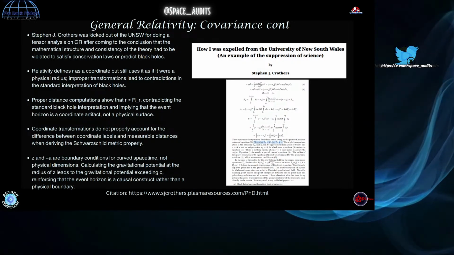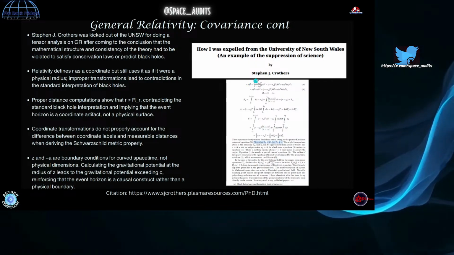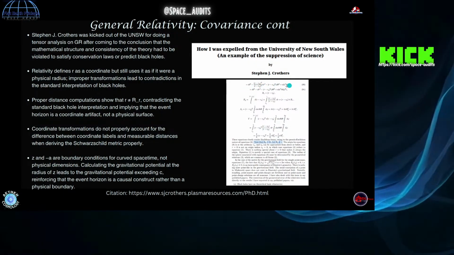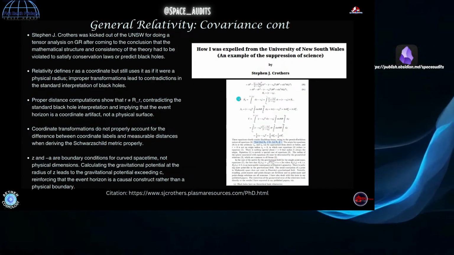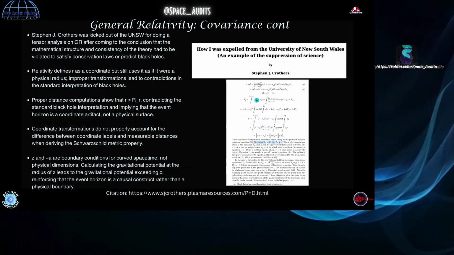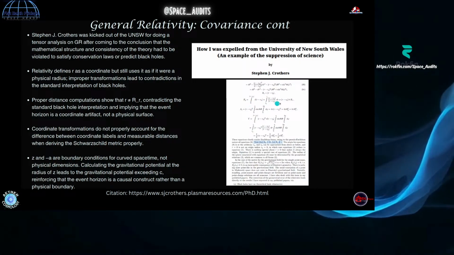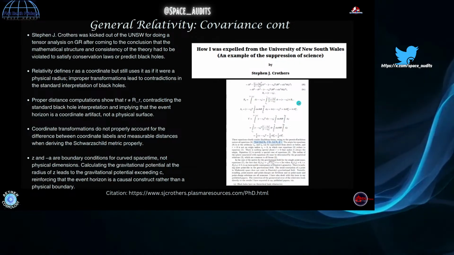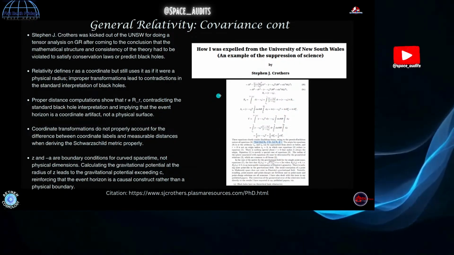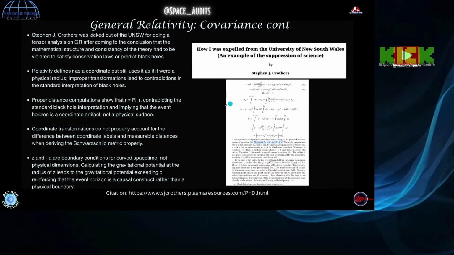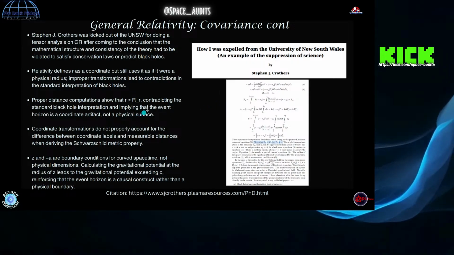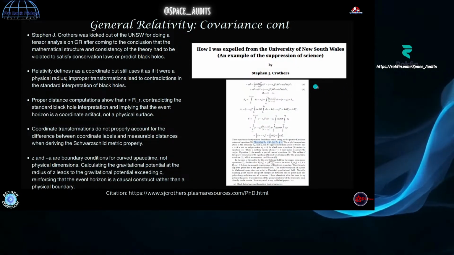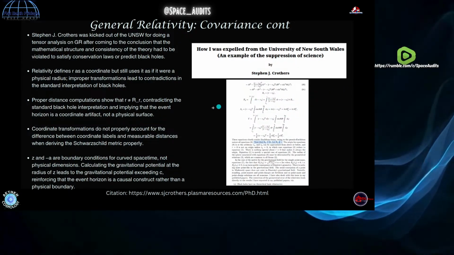So in order to describe the radius, Crothers says you would have to take an integral between the two coordinate labels that you're using, not the coordinate label itself, because you're going to get different distance values for your r based off of that. And when you do it the proper way, between the two coordinate labels, the r value that you get doesn't lead to a black hole. It leads to a gravitational potential increase, obviously, but it doesn't break the metric anymore.